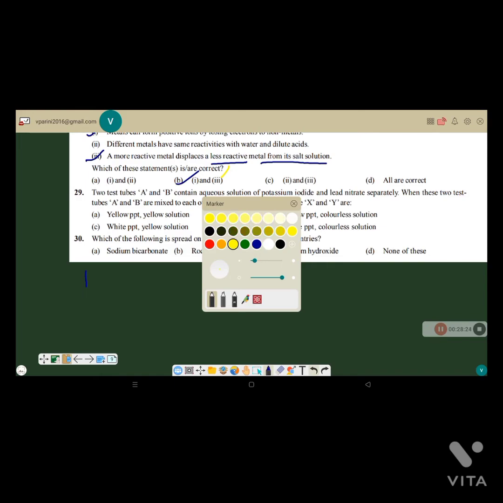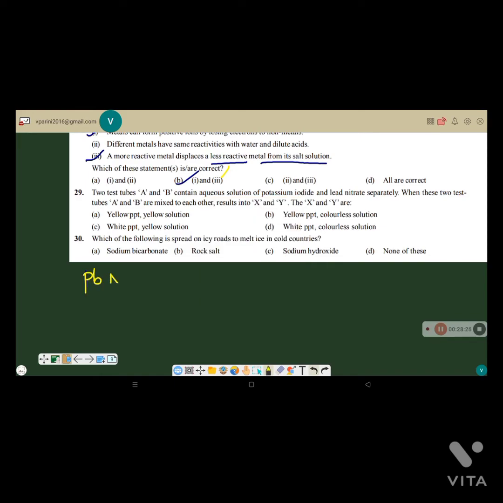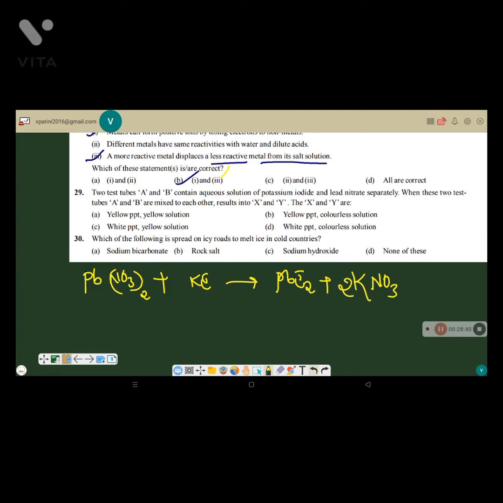Lead nitrate formula: Pb(NO3)2 plus potassium iodide gives rise to lead iodide plus potassium nitrate, but for balancing, 2KNO3 and 2KI, and lead iodide is a yellow color precipitate. X and Y: a yellow color precipitate, and a colorless aqueous solution. So the answer is it forms a yellow color precipitate and a colorless solution.